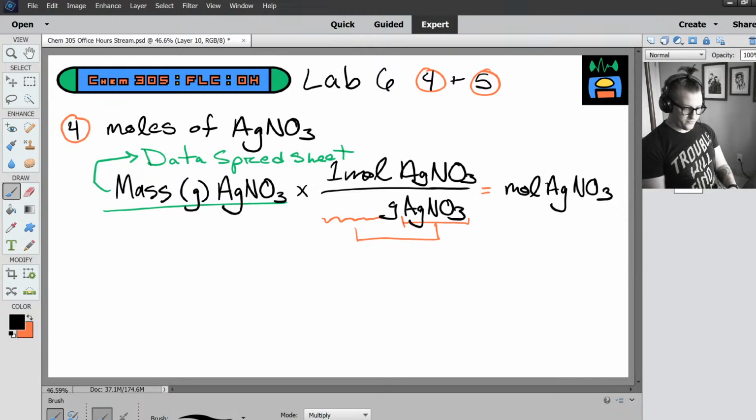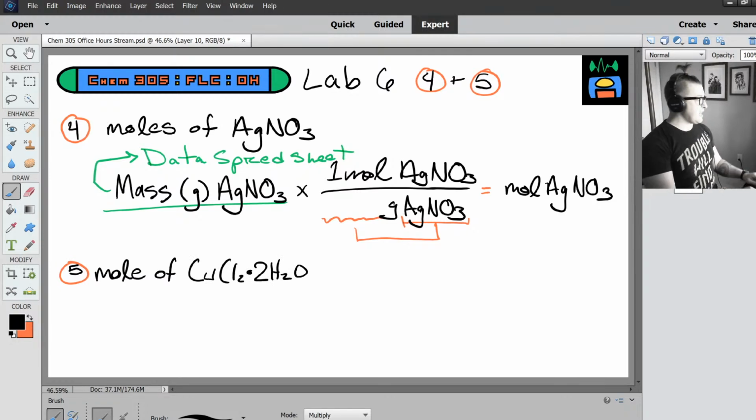All right, step 5, I believe, will be something similar. Let's take a look at step 5. Okay, so here we need to calculate the moles of copper 2 chloride dihydrate.